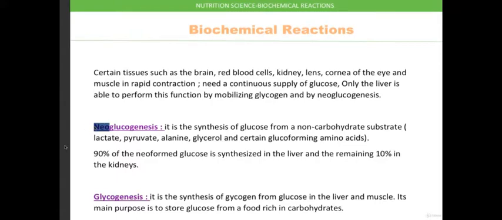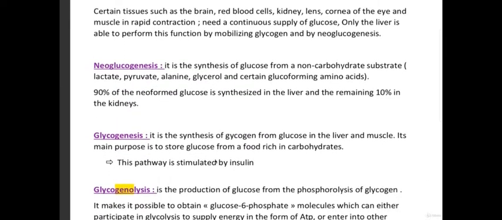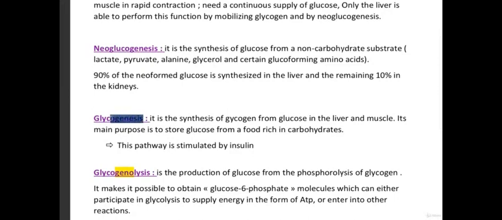Now let's talk about another reaction, which is glycogenesis. Well, let's divide this word again. Glyco means glycogen, and genesis means synthesis. So it is glycogen synthesis. Pay attention: when we are talking about glucose synthesis, we use gluco, like here.